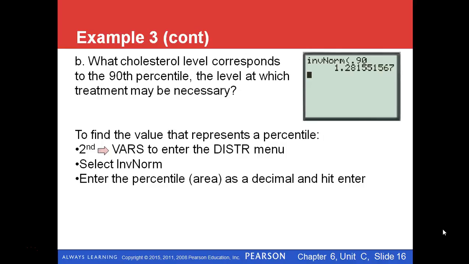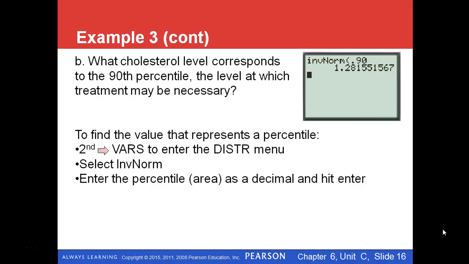Then hit enter or calculate, and I get 1.2815. That's the z-score that corresponds to the cutoff. So I would have to have a value on the cholesterol level test that generates a z-score of 1.28.